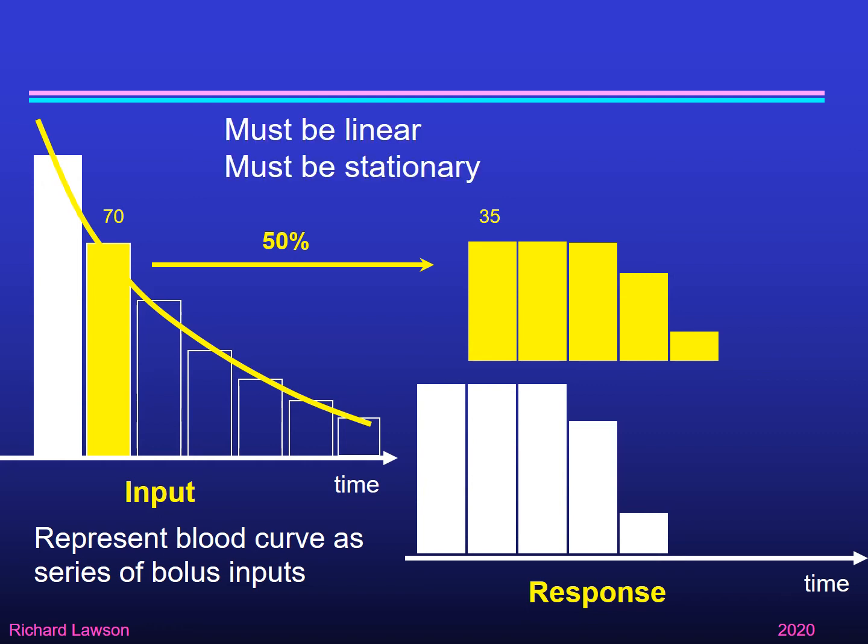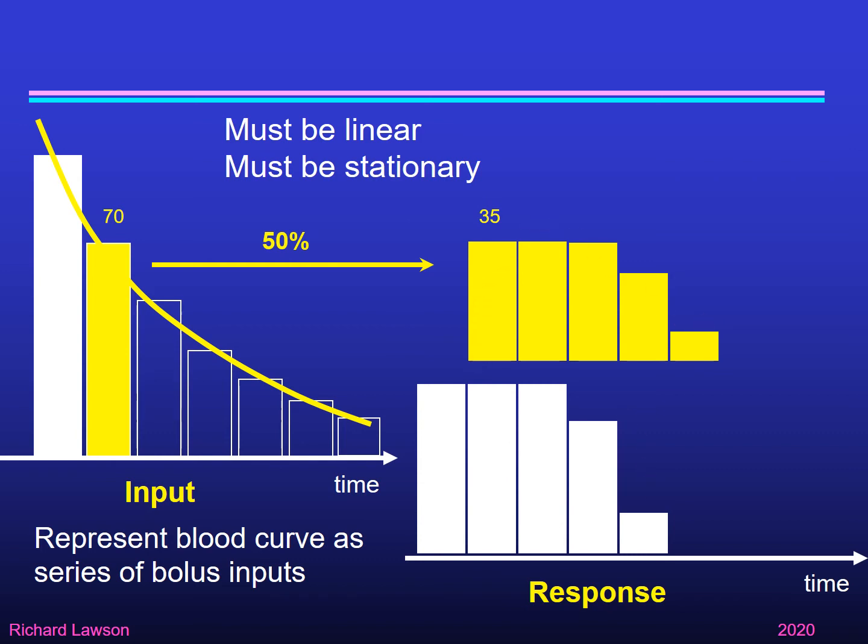Now we've made two assumptions there. We've assumed that the system is linear. In other words, this 50% response always applied. If we double the input or halve the input, we still maintain a 50% uptake. We're also assuming that it's stationary. The response doesn't change with time, so that if the white input gave something of this shape, the yellow input later gives something of the same shape.